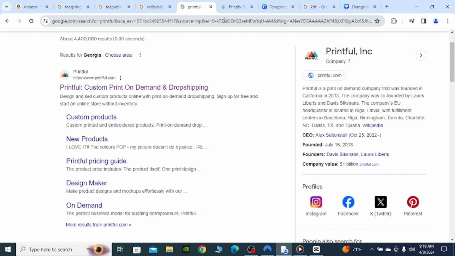Then when someone buys this specific t-shirt, you can send the design to a local printing place to make a print and send it to the customer. That is the other method.